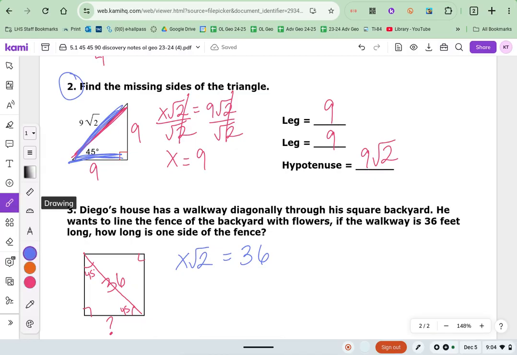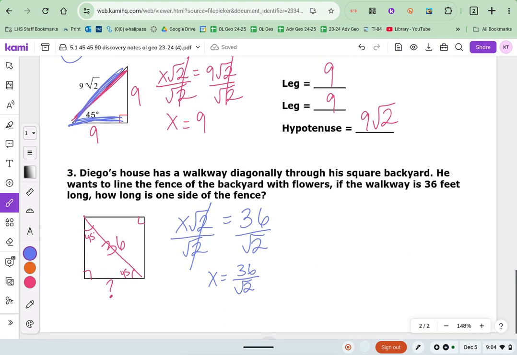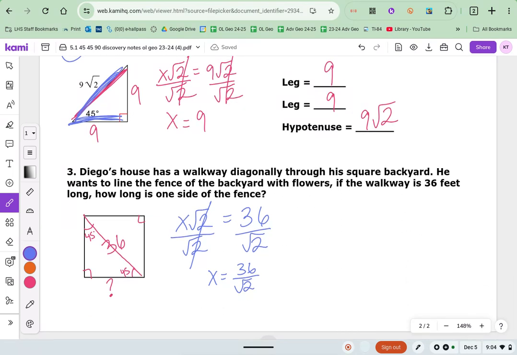So we're going to divide by root 2 on both sides to undo the x root 2 multiplication. So root 2 divided by root 2 is 1, so it cancels. So x equals 36 divided by root 2. But remember, we learned that when we rationalize, we get the radical off of the denominator and into the numerator. So this is back to the notes that we took first.